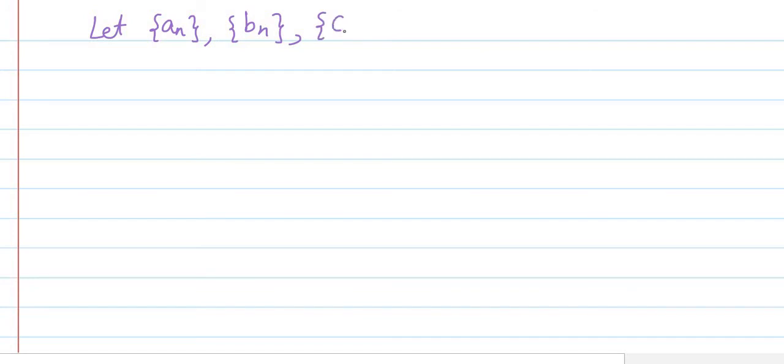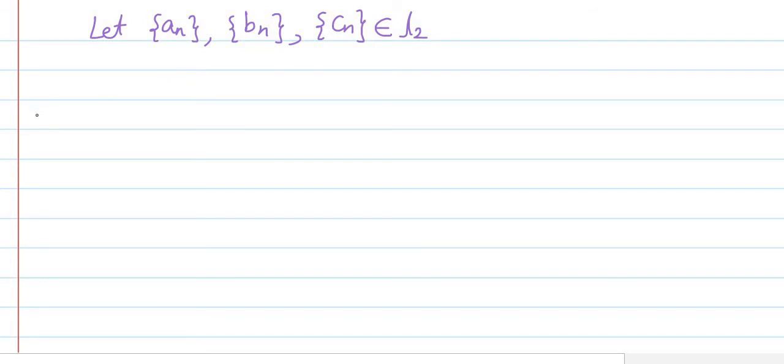Now next one, we will prove the triangle inequality. For that purpose, we will consider three members from L2, and a member of L2 is a sequence. So let sequences An, Bn and Cn be any three members from L2.